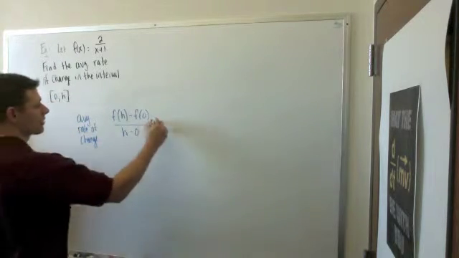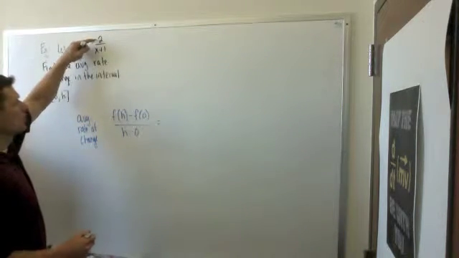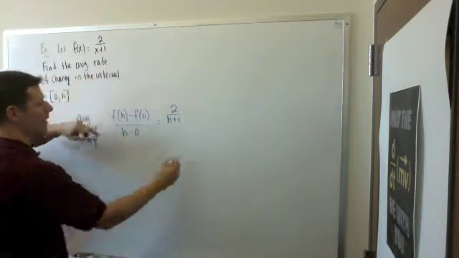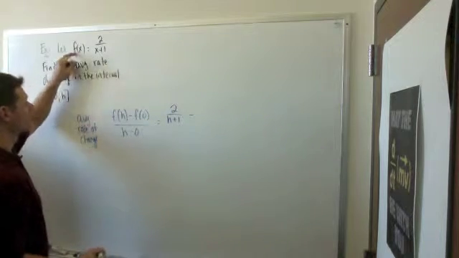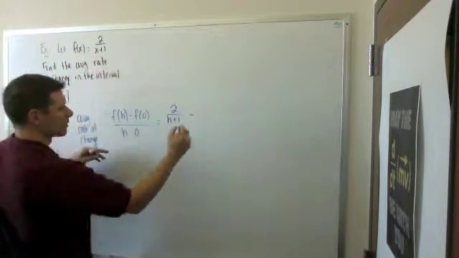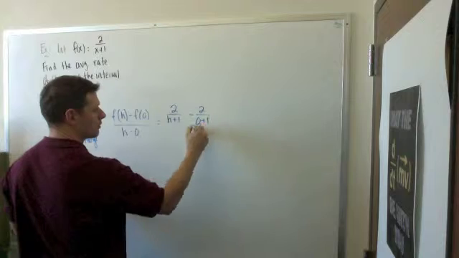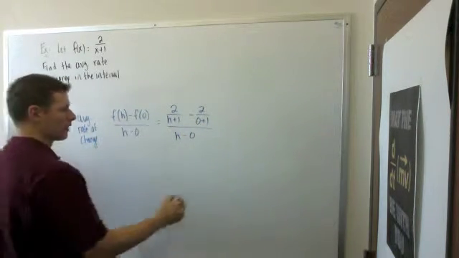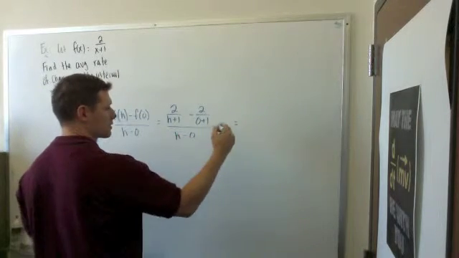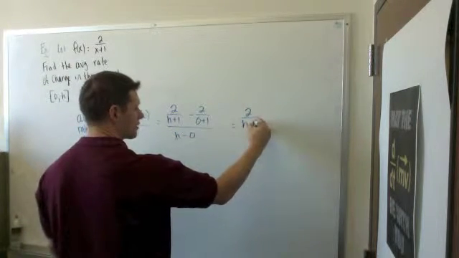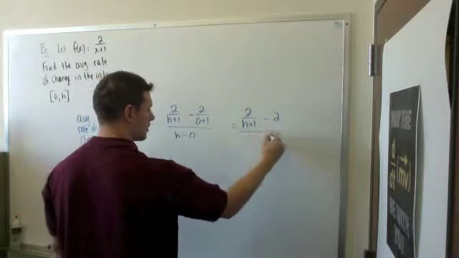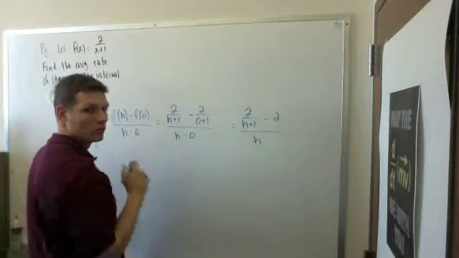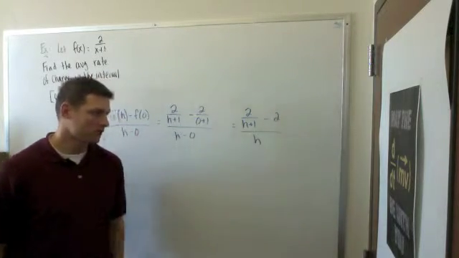So what's f of h? f of h is 2 over h plus 1, minus f of 0, which is 2 over 0 plus 1, divided by h minus 0. Okay, well, what's that equal? Well, let's just simplify this. This is 2 over h plus 1 minus 2 over h, right? 0 plus 1 is 1, 2 over 1 is 2. Okay, h minus 0 is h.